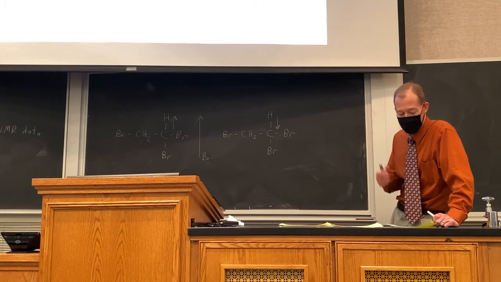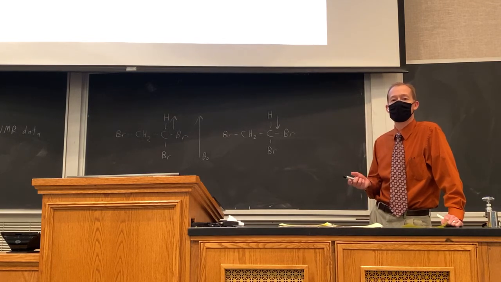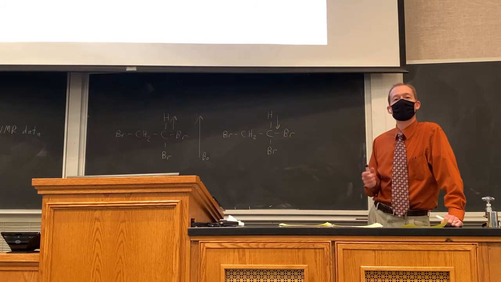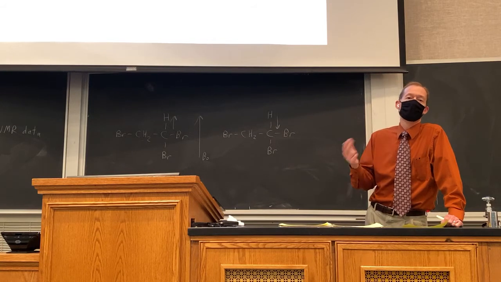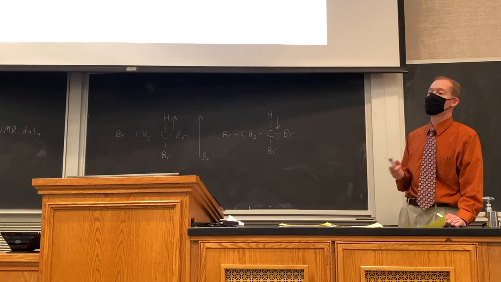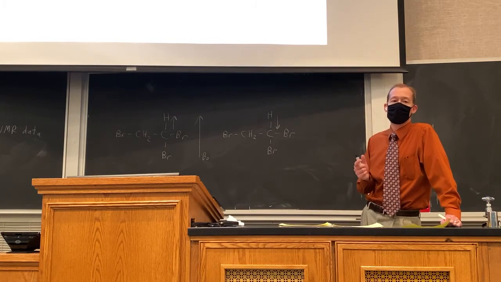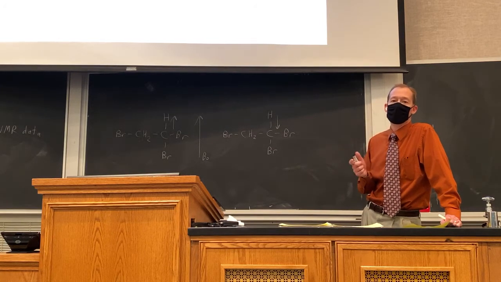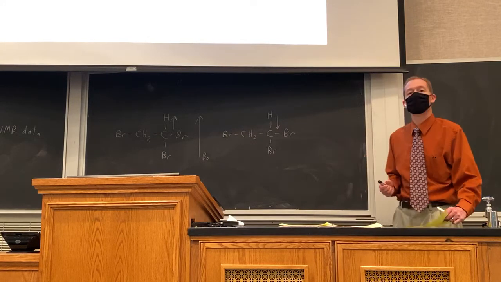So we need to understand why non-equivalent neighboring hydrogens will cause splitting of signals. It has to do with the fact that these protons have two different nuclear spin states, the +1/2 state and the -1/2 state. Depending on the orientation of the spin, the magnetic field created by that spinning nucleus is either going to be lined up with the applied magnetic field, or it will be opposing the applied magnetic field.